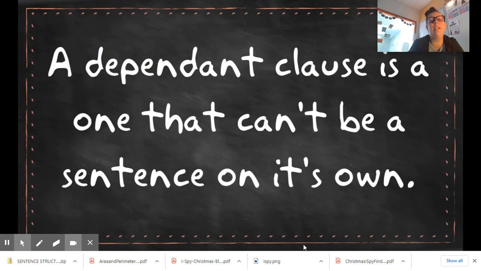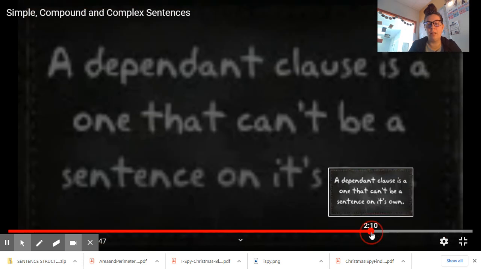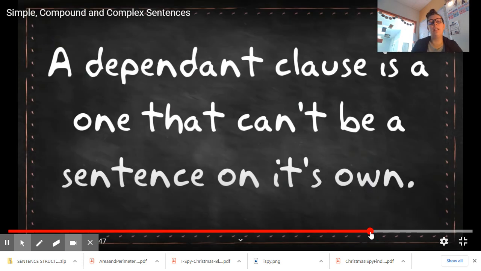Okay, so here they define what a dependent clause is, and that is a dependent clause is one that cannot be a sentence on its own. So the example running all the way cannot be a sentence on its own, so that's a dependent clause, okay?